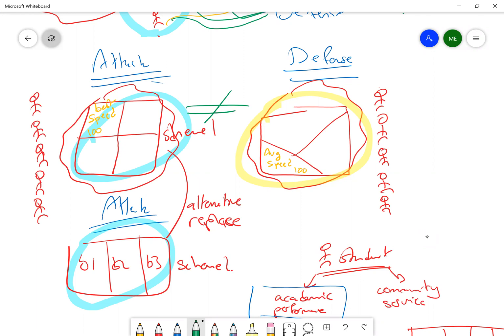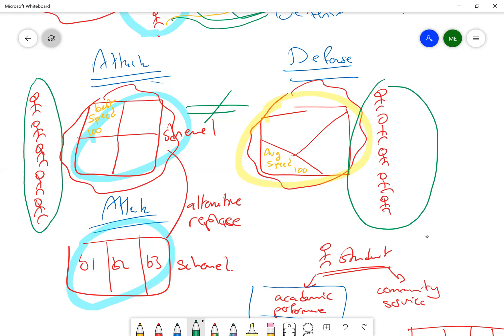Every team has to have an attack characteristic and a defense characteristic, whether we like it or not, or whether they recognize it or not. And the variables used to judge the defensive capabilities can sometimes be the same variables that I'm using to judge the attack characteristic.